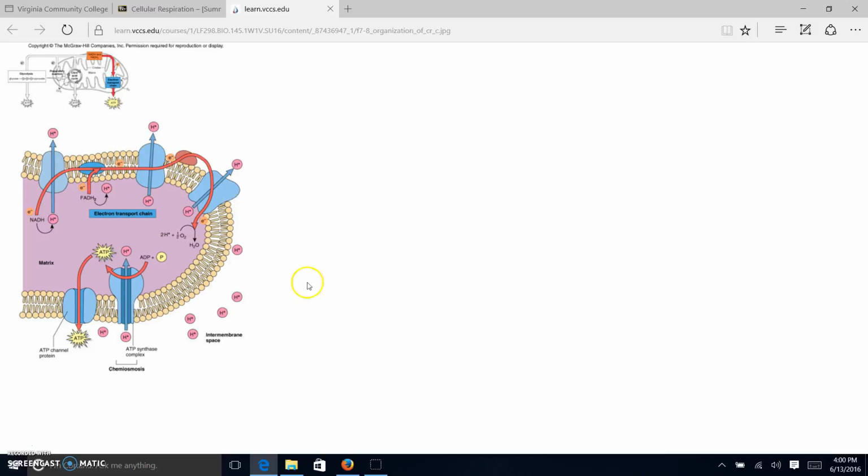So the key to understanding the amount of ATP we use is to understand the difference between whether we energize 3 pumps, 1, 2, 3, or whether we energize only 2 pumps, 1, 2. If we start here, we're going to only energize 2 pumps. But if we start here in this electron transport chain, which we find in all these cristae, then we can energize 3 pumps. So remember our numbers, 2 and 3, because that's going to become important for what we're going to talk about next.